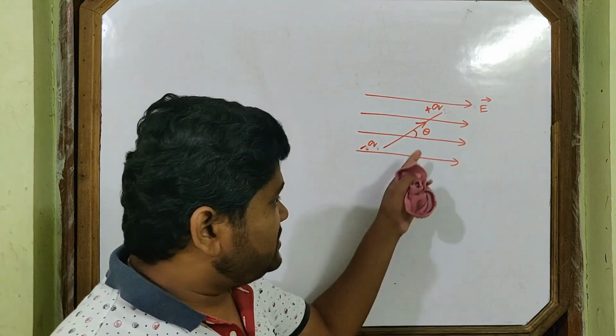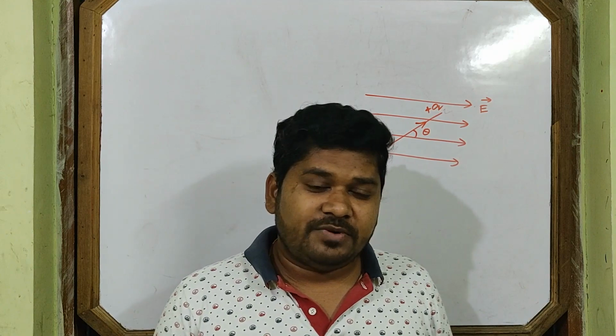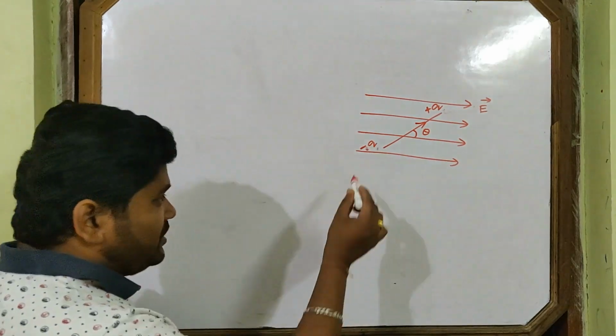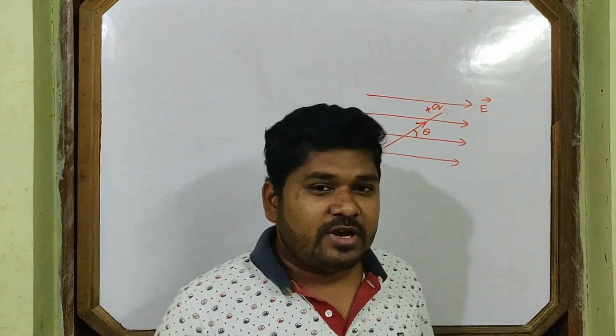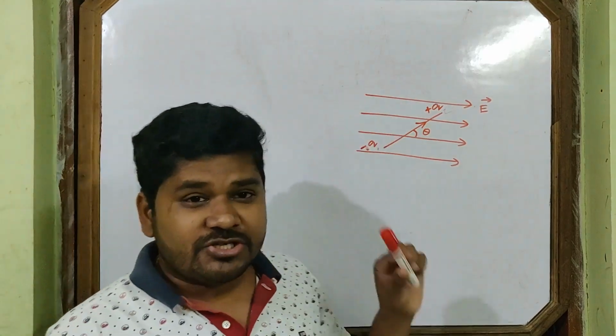How will we find the potential energy of this system? Theta is the angle. One question may come to your mind: does a dipole have potential energy in a uniform electric field? Yes. What happens when we leave the dipole freely? Will the dipole remain in this position?